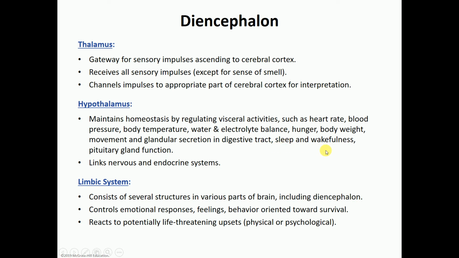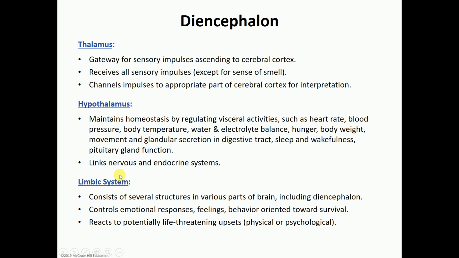So again, it has these little centers in order to control, it has a sleep center, and you can turn it on or off. And again, like we said, it has a glandular function, so it does secrete hormones, and those hormones are stored in the posterior pituitary.